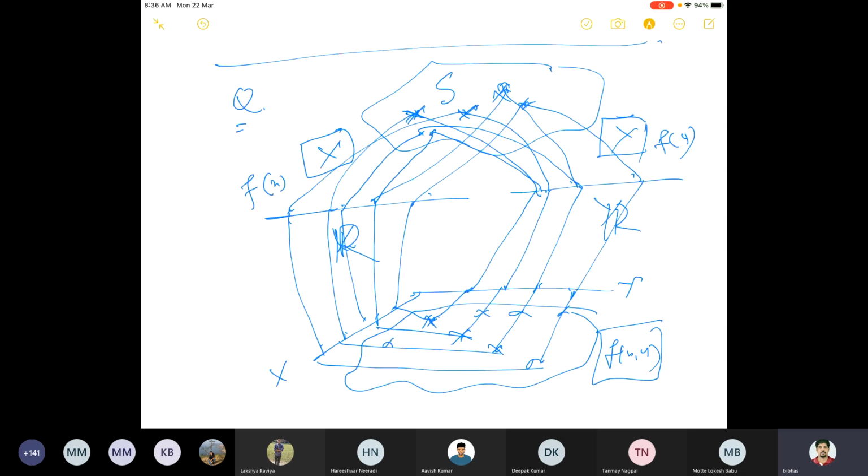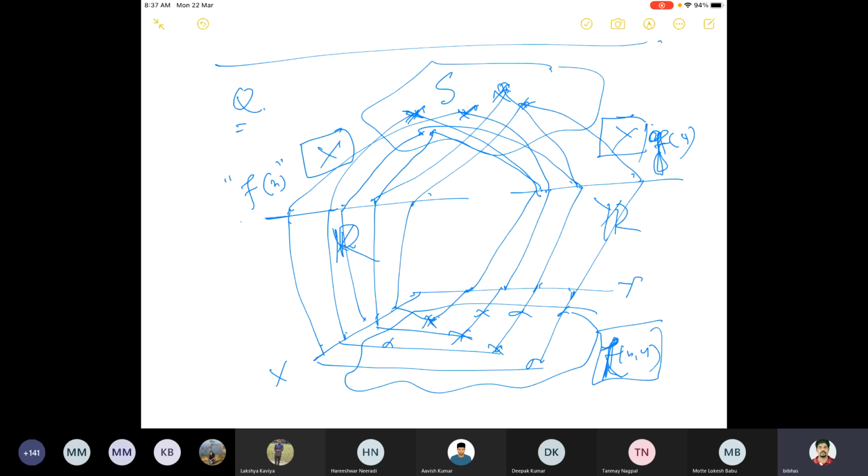I am writing everything in terms of f only, but you can write it as f, g, and h. They are all PDFs, so that's why I was using the same symbol. One is f, one is g, and one is h.